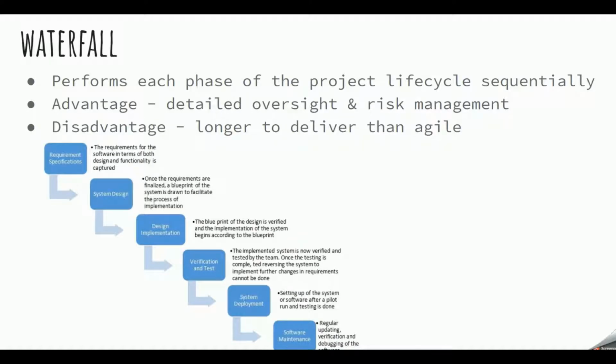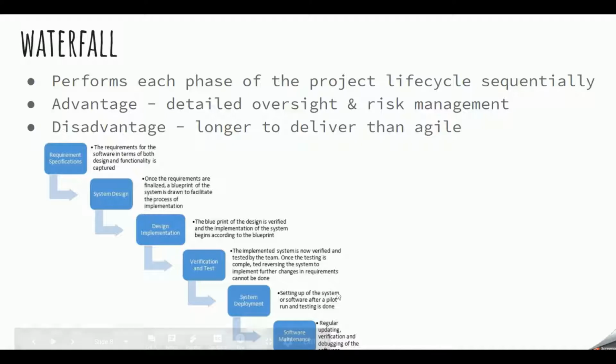So waterfall has been around for a really long time, and most of the ERP, enterprise resource planning software that I've worked with in the past have used the waterfall methodology. Each phase has its own activities that you need to complete in order to go in a sequential manner.